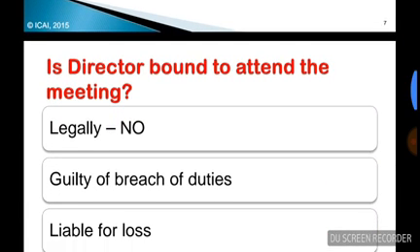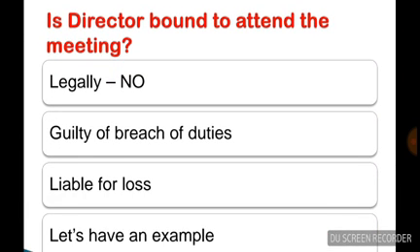Is a director bound to attend the meeting? Directors are legally not bound to attend the meeting, provided that if they don't continuously attend the board meetings, either through video conferences or by coming to meetings physically, then it will be a breach of duties and they will be disqualified directors under section 167.